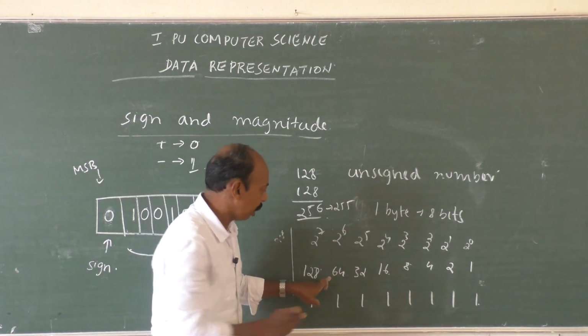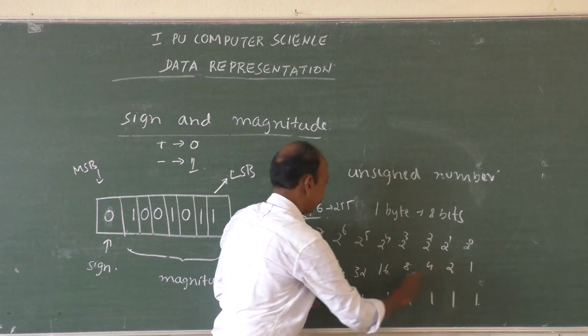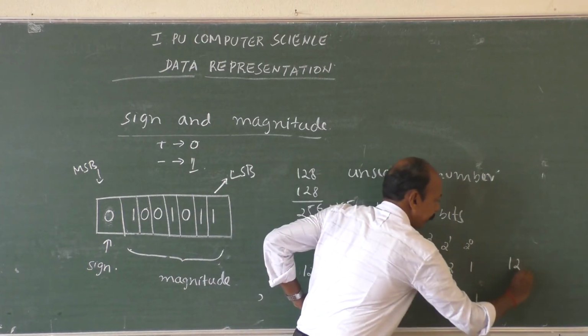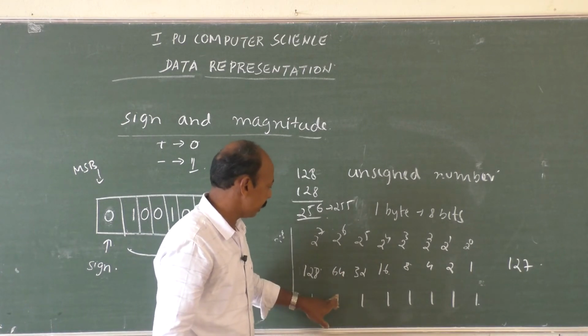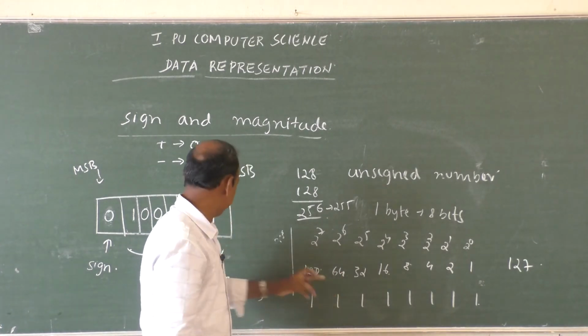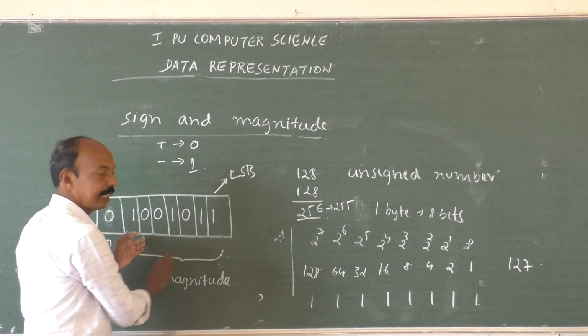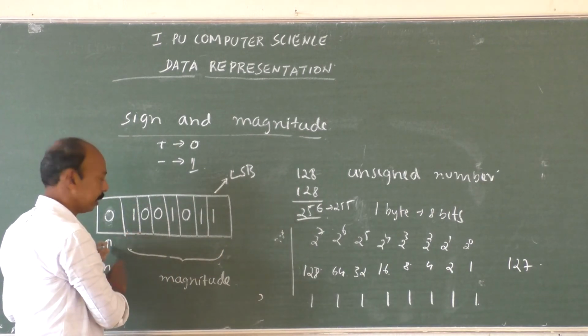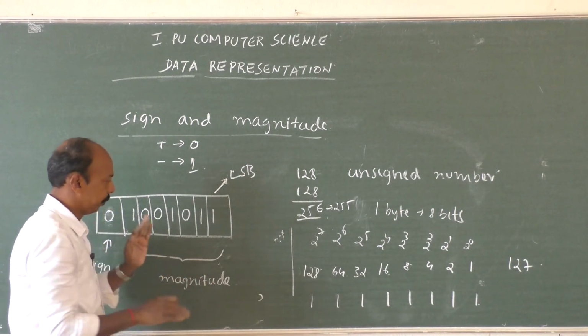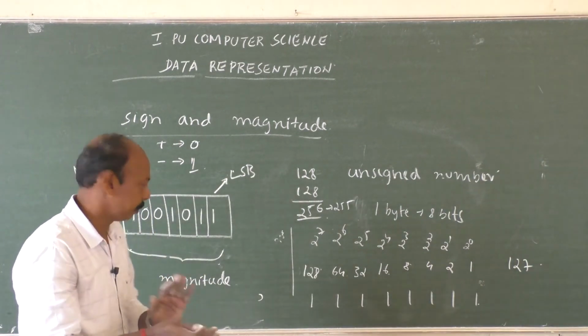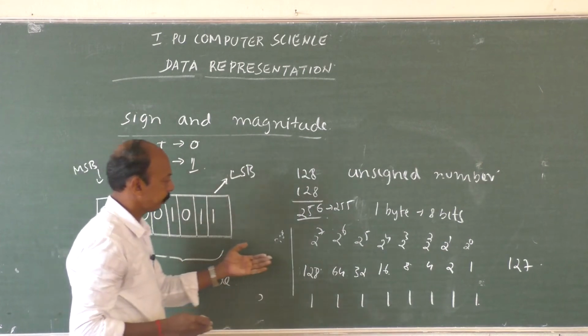If you add all these values from here to here, it comes out to be 127. So up to 127 we can represent using sign and magnitude, that is plus 127 to minus 127. If you go deeper there is a small difference, which we shall see later.